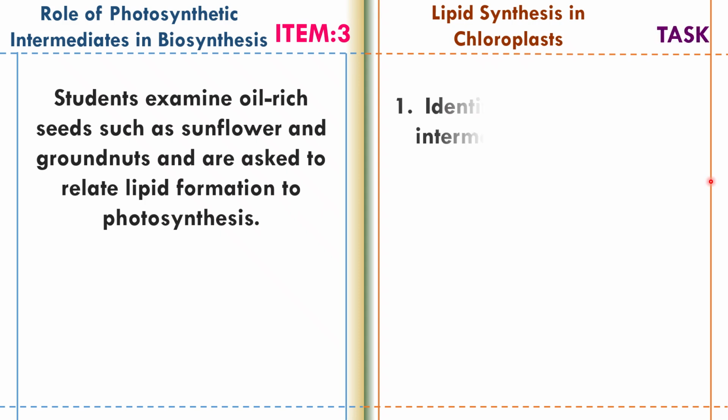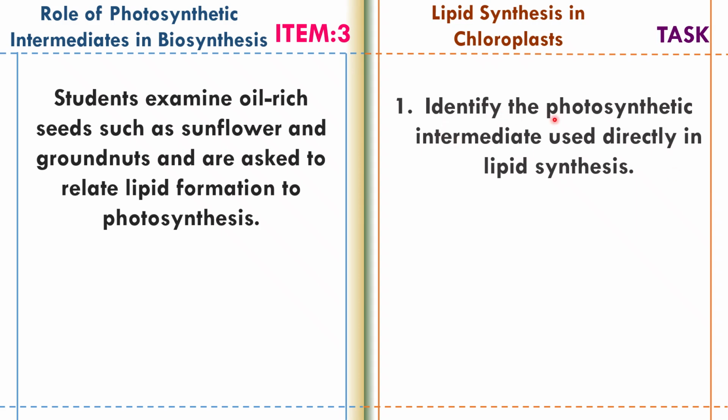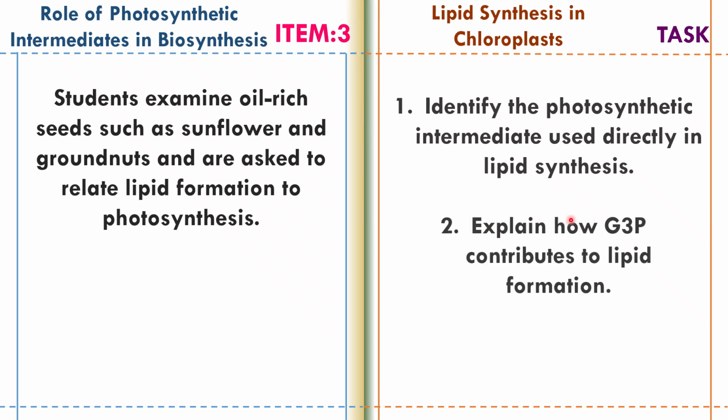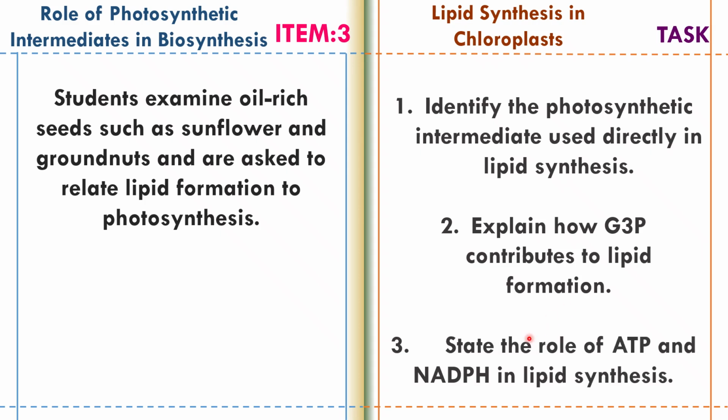Task: identify the photosynthetic intermediate used directly in lipid synthesis. Explain how G3P contributes to lipid formation. State the role of ATP and NADPH in lipid synthesis.